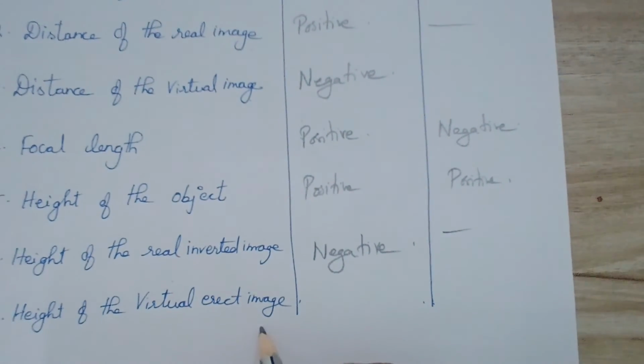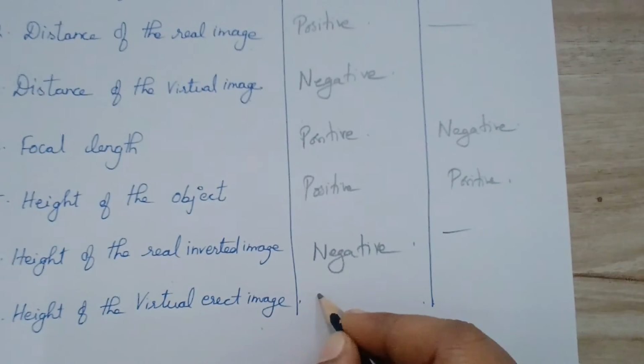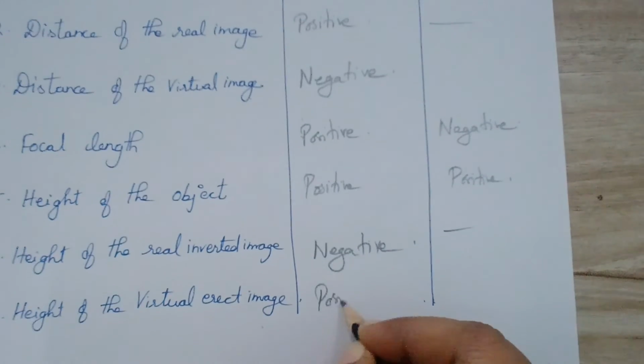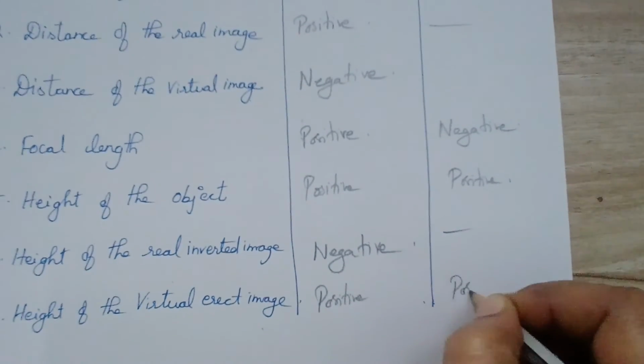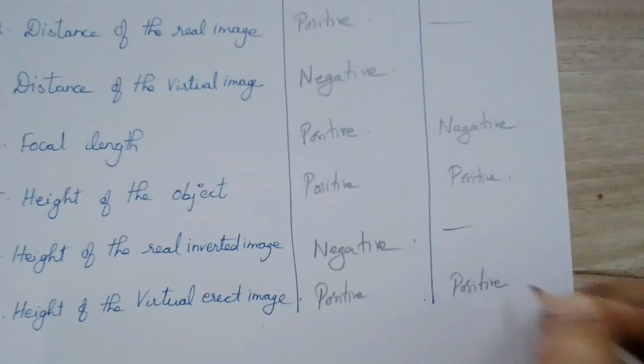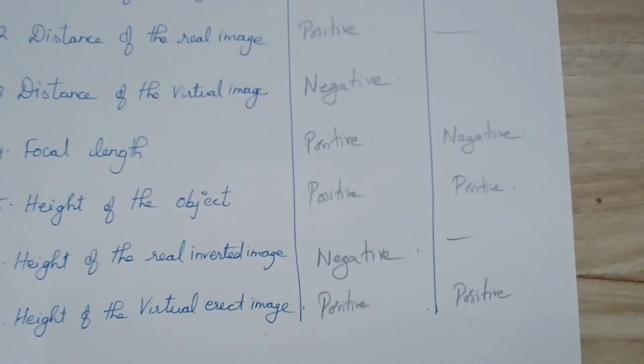Then the height of the virtual erect image is always positive, because it is above the x-axis. These are the sign conventions used in spherical lenses while doing numericals.